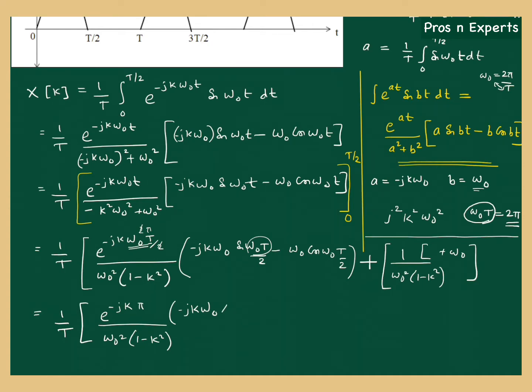Sine pi is always 0, so I can write 0, minus again omega 0 into cos omega 0 T is 2 pi, so 2 pi by 2 is cos pi. What is cos pi? Cos pi is minus 1, so we can write plus omega 0 here. Plus 1 by omega 0 square into (1 minus k square) into omega 0.